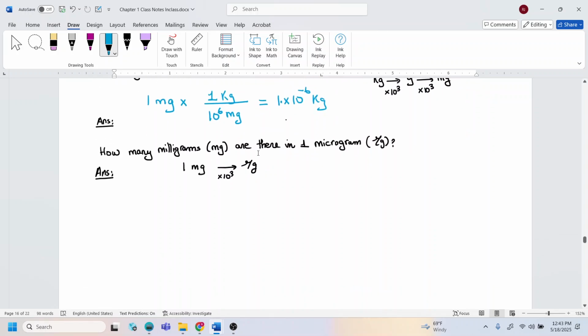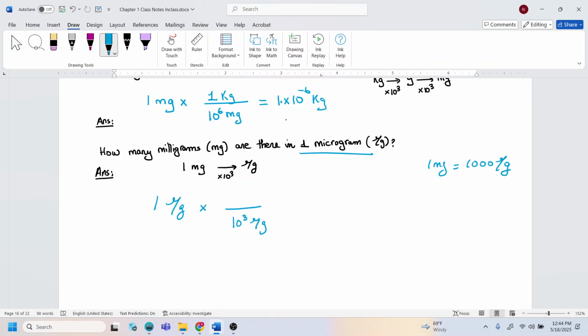How many milligrams are there in 1 microgram? Same thing. 1 milligram to a microgram, times 10 to the minus 3. So I'm going to start with my given. My given is 1 microgram. I want to cancel the microgram. So that is going to be 10 to the 3 micrograms in there, because I know that 1 milligram is equal to 1,000 micrograms.